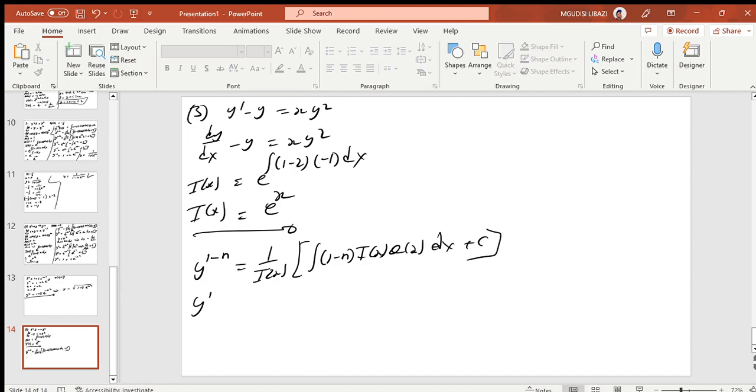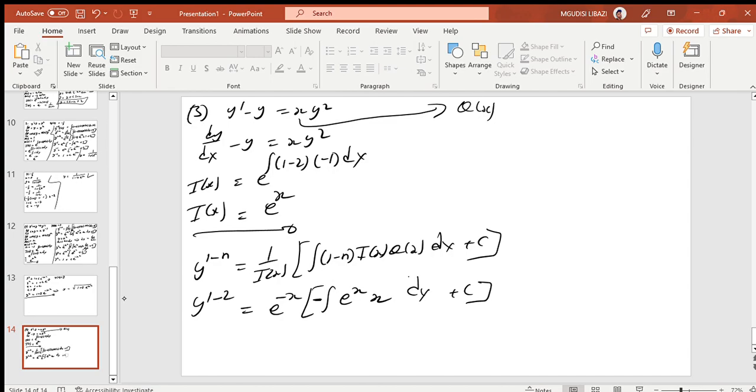So you can say y raised to 1 minus 2 is going to be 1 over e raised to x, which is e raised to negative x, into the integral of (1 minus 2), which becomes negative 1, times I of x, which is e raised to x, times q of x. And our q of x is equal to x, which is what we get there. That's our q of x. So multiply by dx plus c. Seems like this is going to need integration by parts.